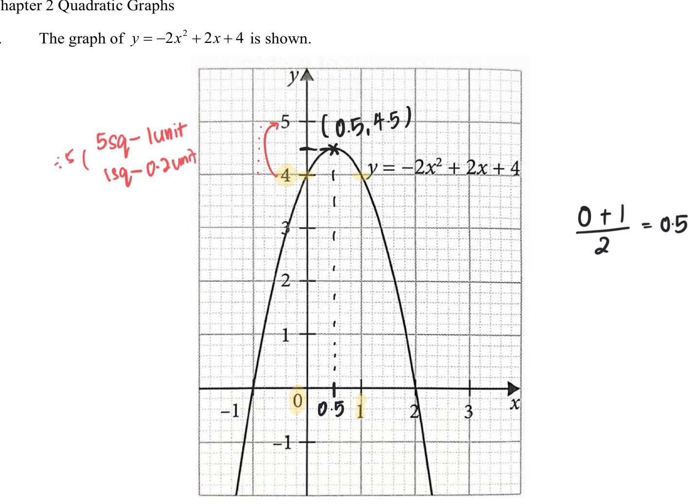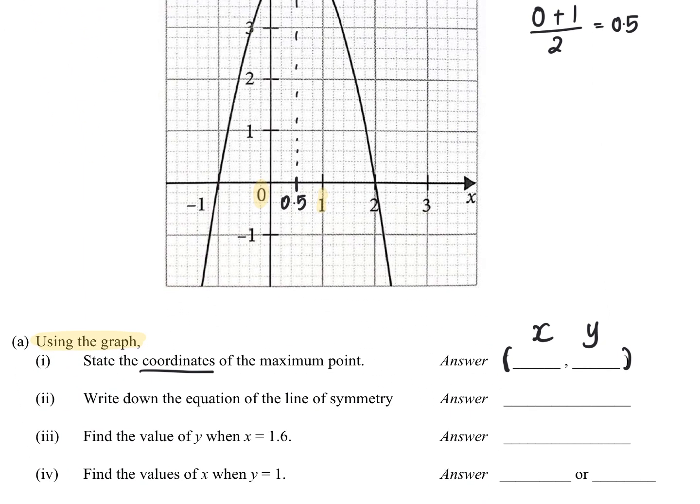Every square over here is 0.2 of a unit. If you look at it carefully, this one is 4.2, 4.4, 4.5 in the middle. So my maximum point will be 0.5, comma 4.5. X value first, then y value.